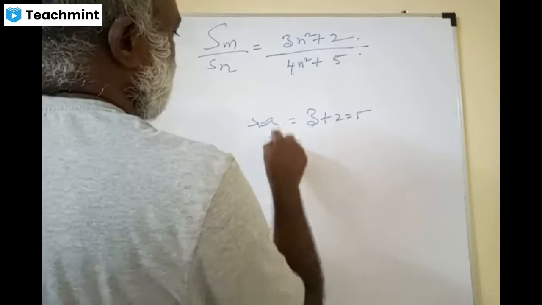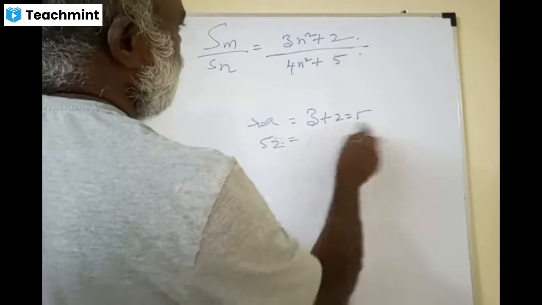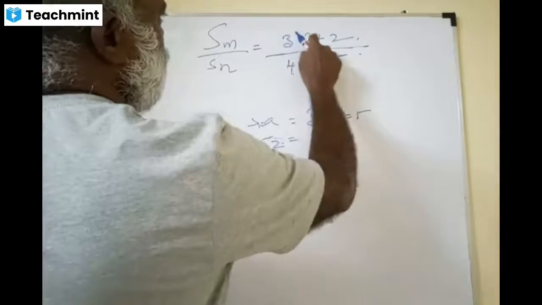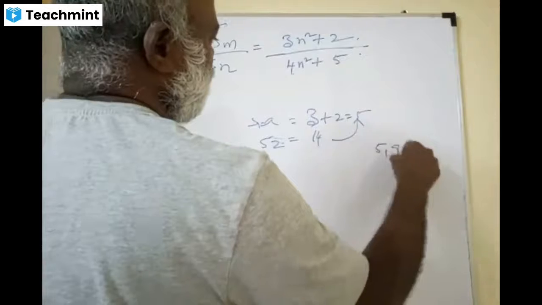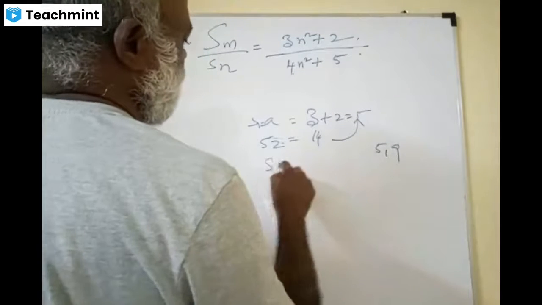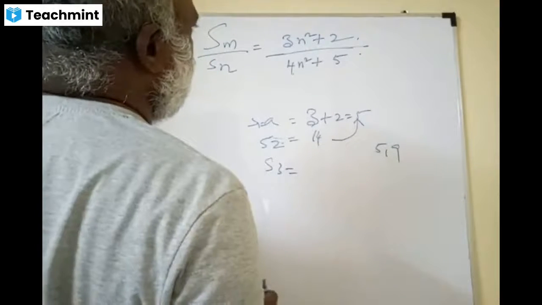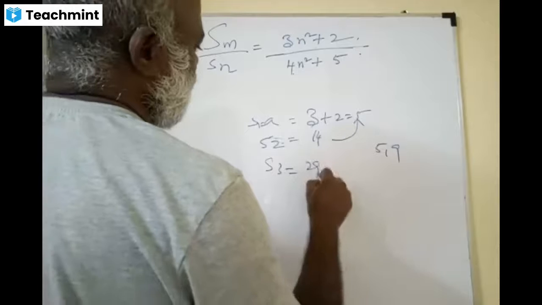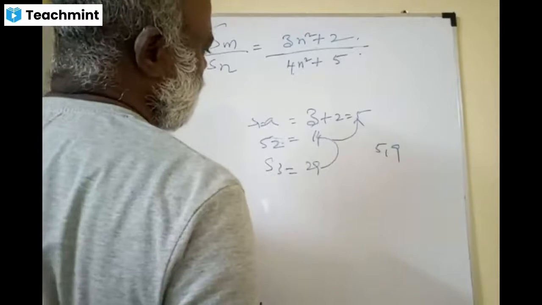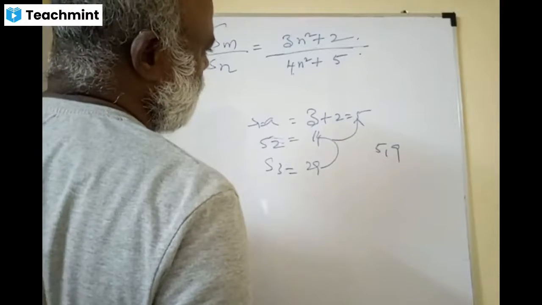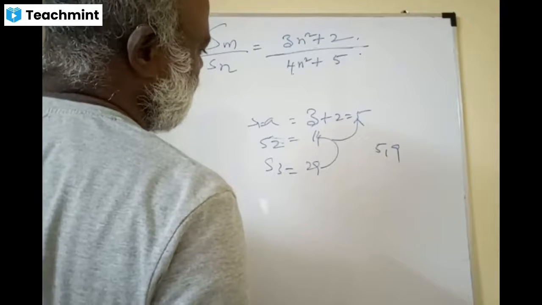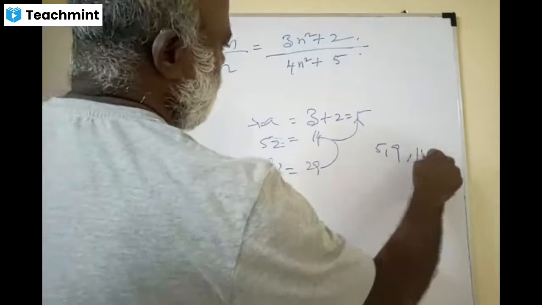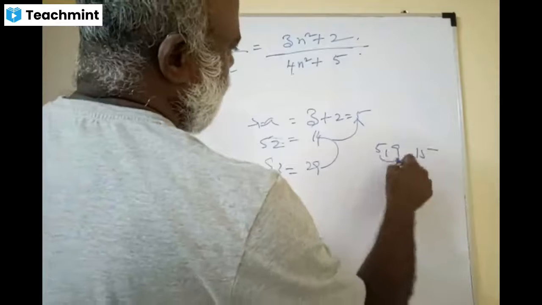S1. S2, the sum of two terms. 4, 12, 14. 14 minus 5, 9. That means 5, 9. S3. 27, 29. Then it is 29 minus 14, what? 15 you get, right? So S3 you get 15, so it won't come. 13 should come.